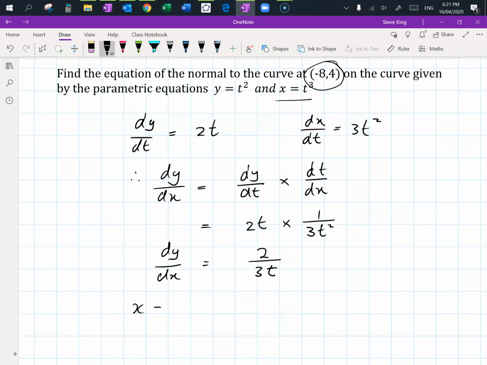I know that x is equal to t cubed. I also know that x is going to equal minus 8. So in other words, minus 8 is equal to t cubed, and therefore t has to equal minus 2.